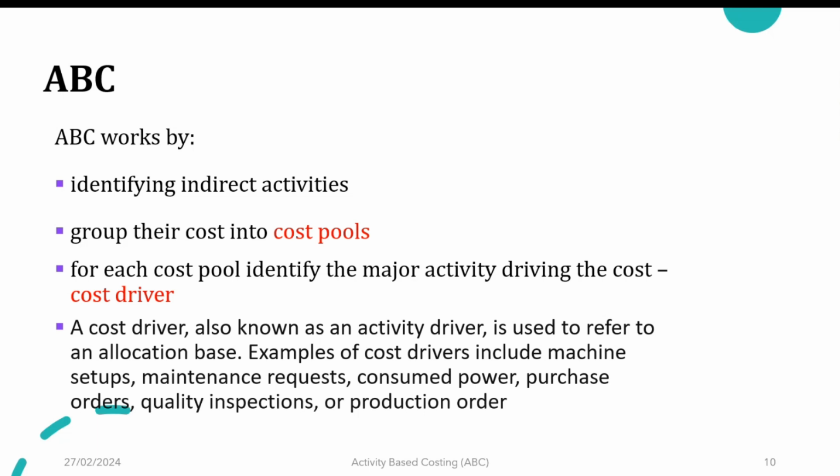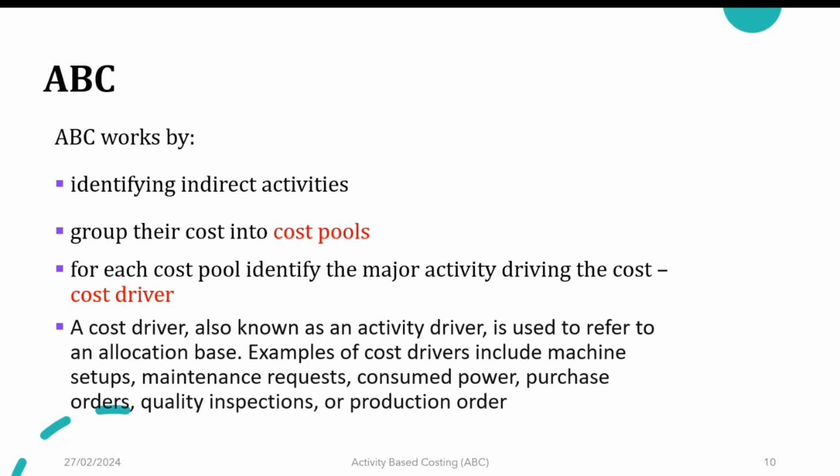So ABC works in this particular sequence, for example: identifying indirect activities and grouping the cost into cost pools. For each cost pool, identify the major activity driving the cost, which is called the cost driver, and then use the cost driver to develop a cost driver rate.